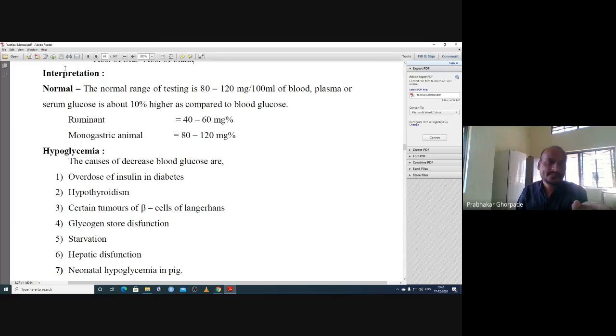So for interpretation, the normal range of the test is 80 to 120 milligram per 100 ml of blood. The serum or plasma glucose concentration is about 10 percent higher as compared to the blood glucose.